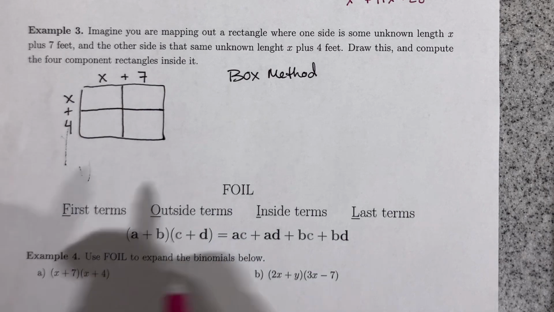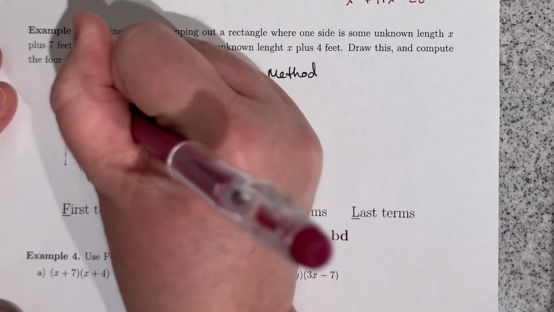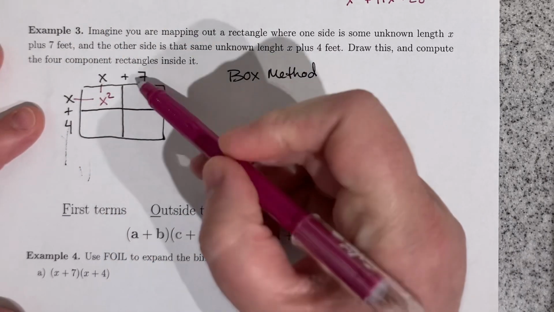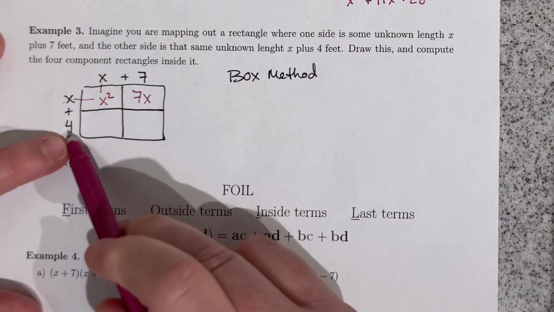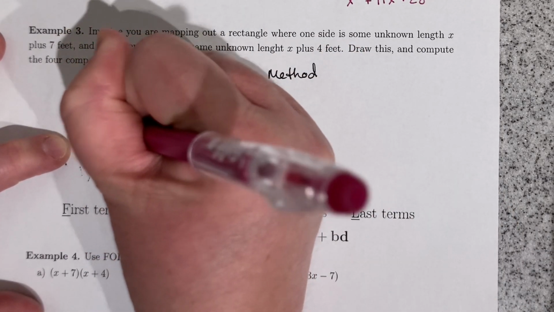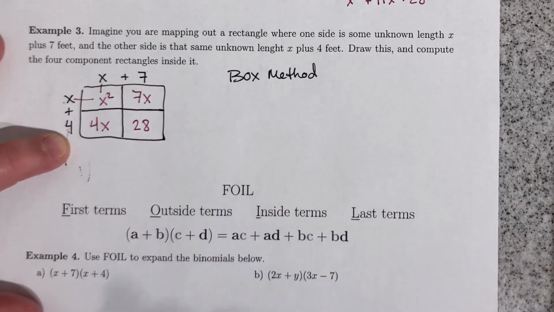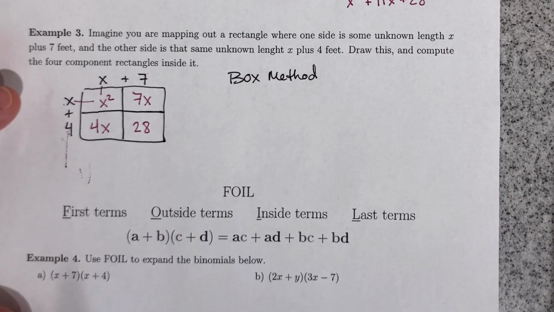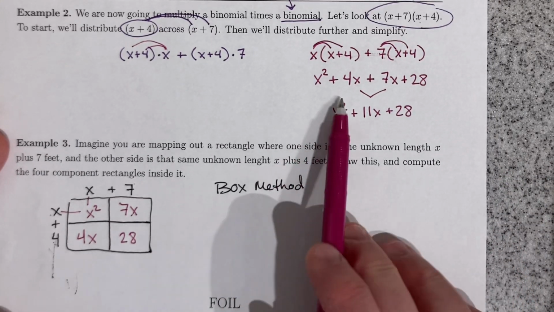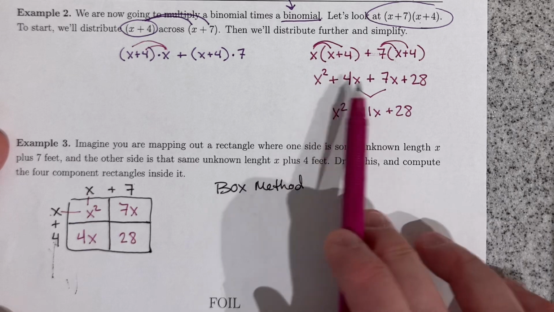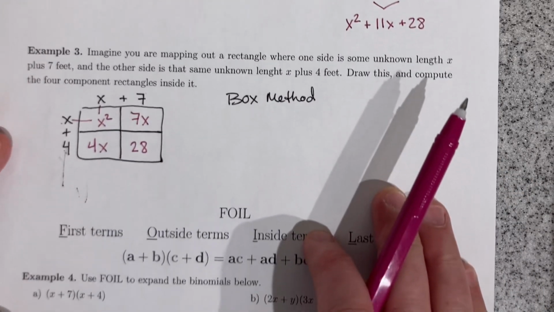So what we're going to do is multiply what's on the outside. In this one, x times x makes x squared. This box, 7 times x is 7x. This box, 4 times x makes 4x. And finally, 4 times 7 makes 28. You may have noticed, those are the same 4 pieces that we got after we did the long way in the previous problem.